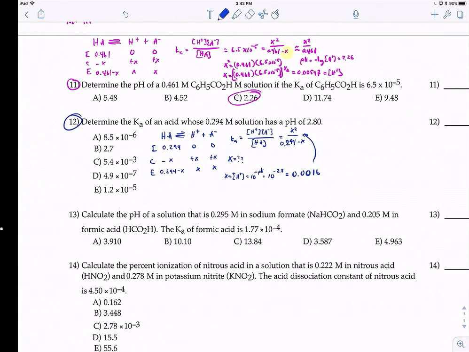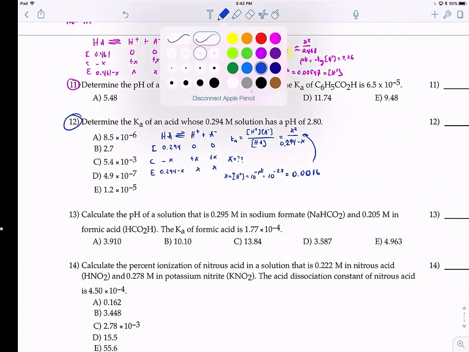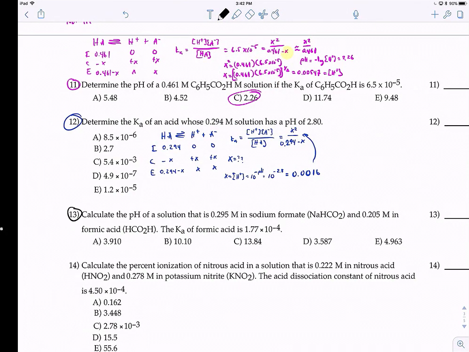All right, Henderson-Hasselbalch now. Calculate the pH of a solution that's 0.295 molar in sodium formate and 0.205 molar in formic acid. This is when you use the Henderson-Hasselbalch equation, where pH equals pKa plus the log of the base over the acid. First of all, you're given the Ka.